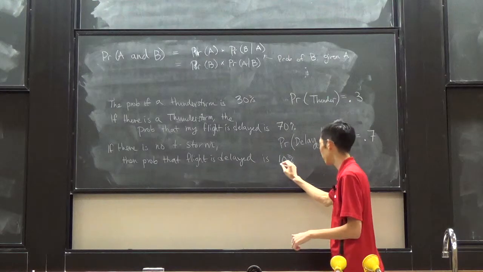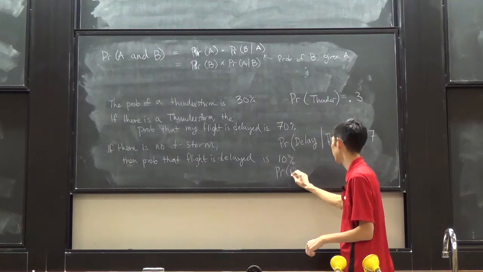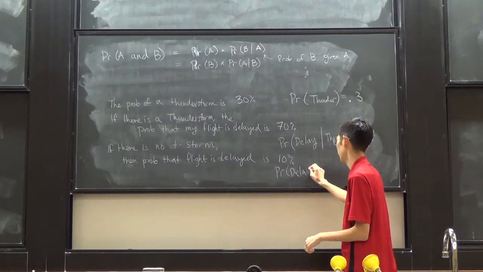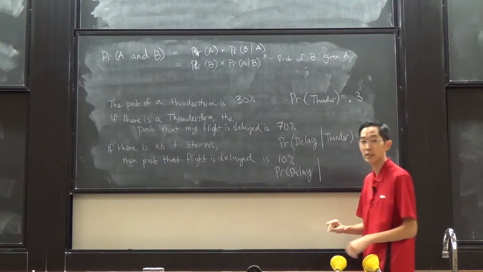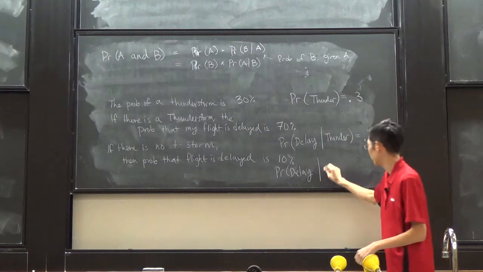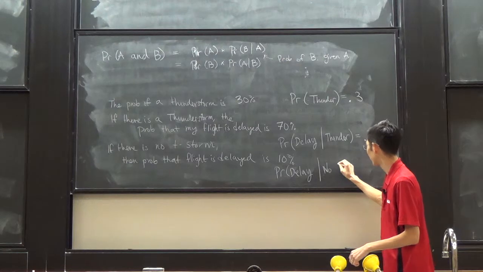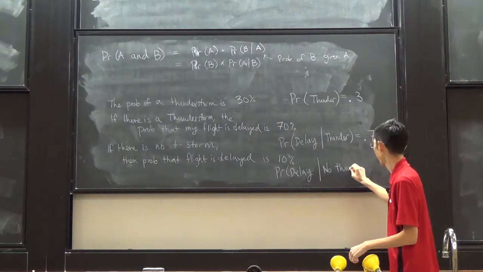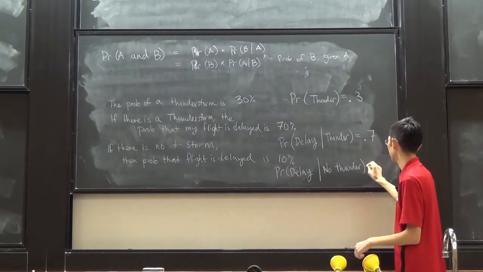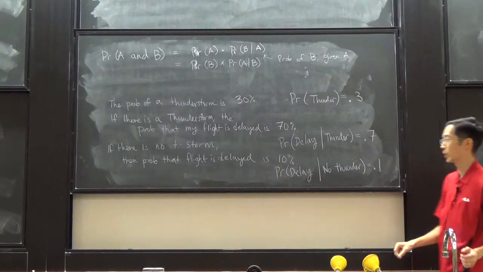And so this would be the probability of delay given what? Yeah. No thunderstorm is equal to 0.1.